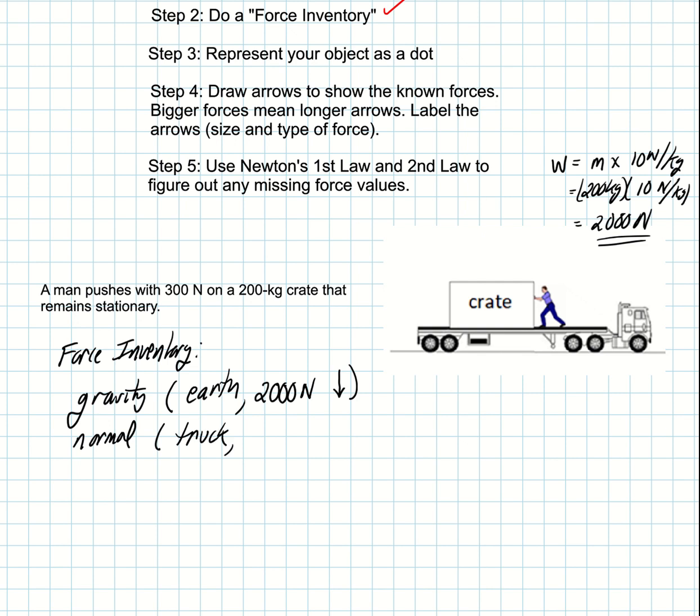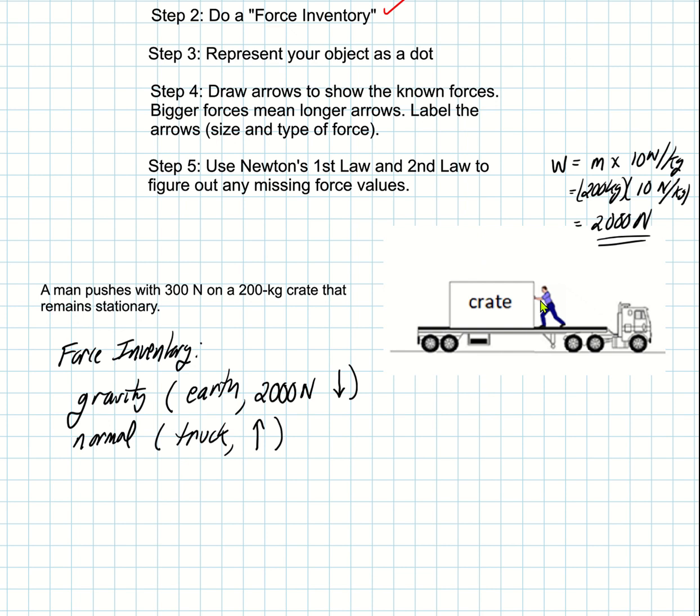Okay, now, right now there's nothing in the problem to say what size that force is. So I don't have a formula. I mean, we're going to be able to figure it out pretty easily after we do our force diagram, but I'm going to say right now, I don't know what that is, so I'm going to leave it blank, but I know that it's up. All right, so that takes care of the up and down forces. Gravity down, truck pushing up with a normal force.